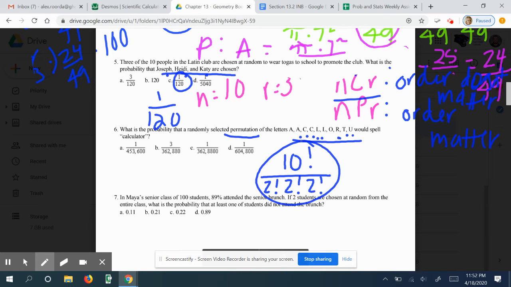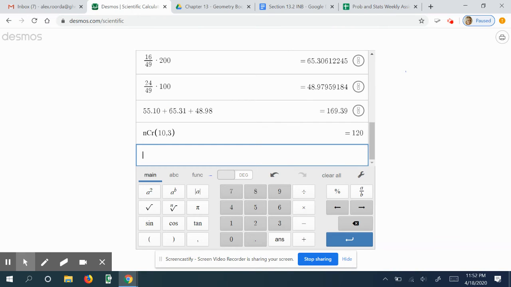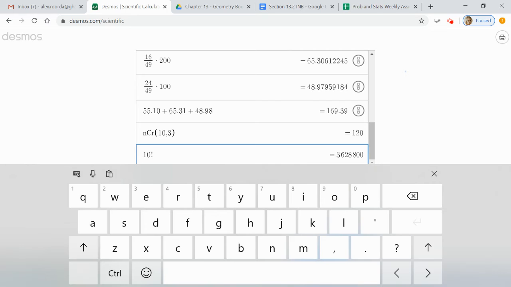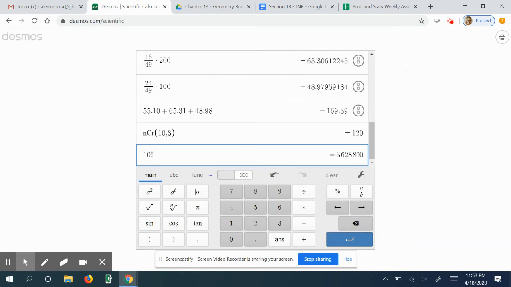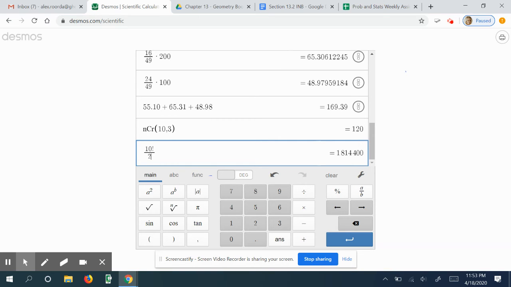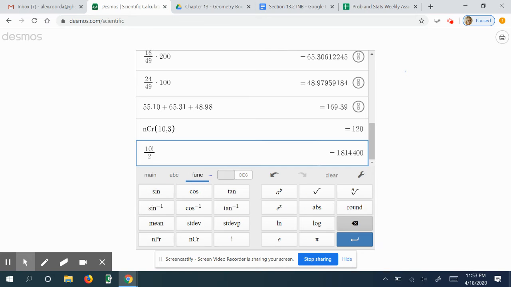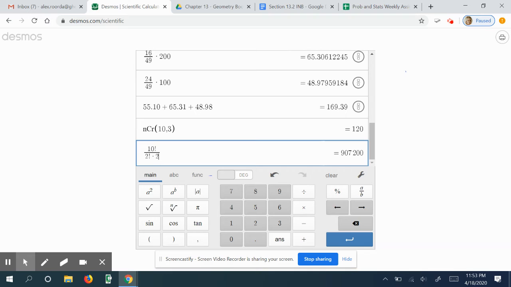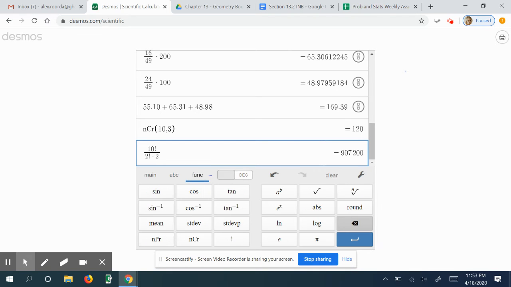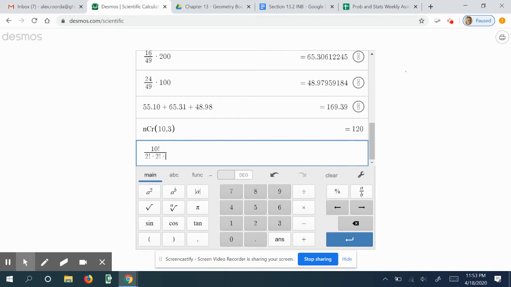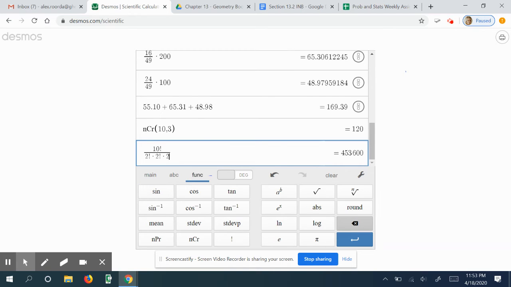Okay, so I go to decimals, and I do 10 factorial, and then I do that divided by 2 factorial times 2 factorial times 2 factorial.